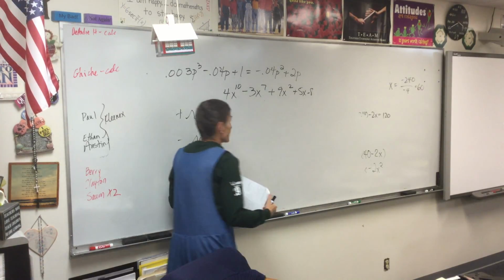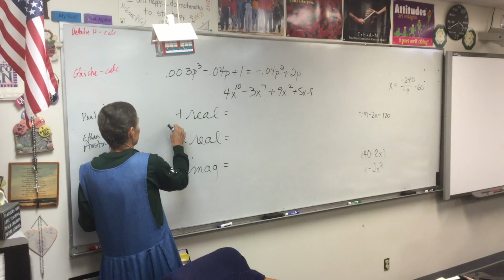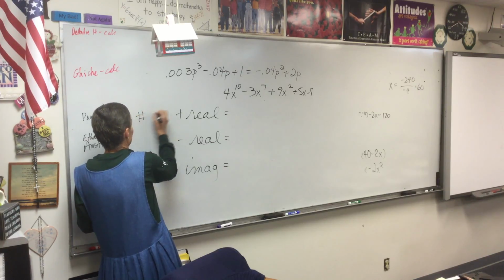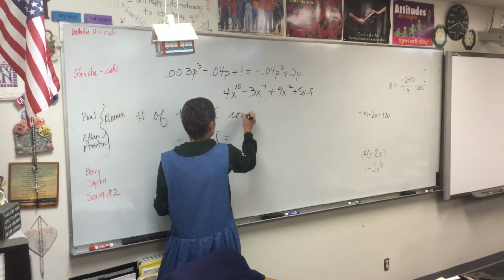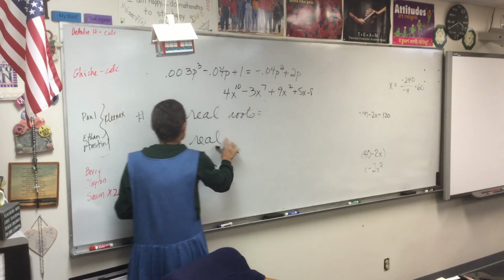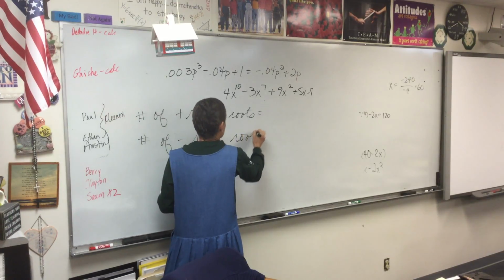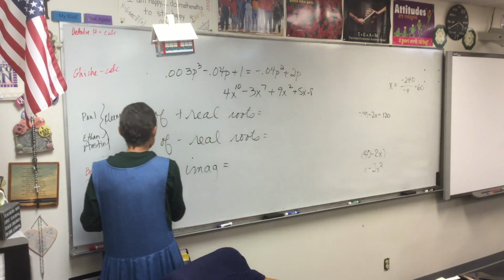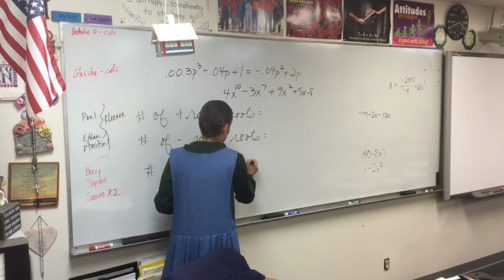All right, so Descartes Rule of Signs, this is kind of abbreviated here because I thought we'd done it. It gives us the number of positive real roots, the number of negative real roots, and the number of imaginary roots.